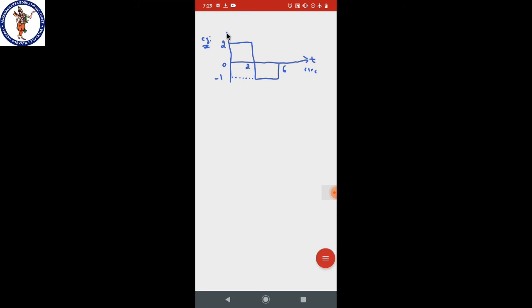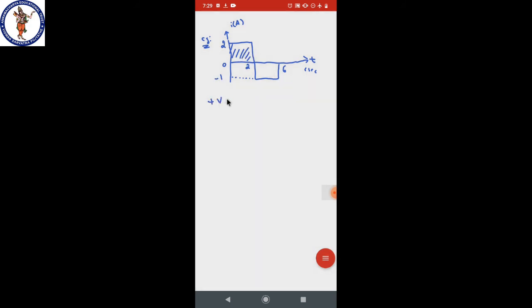The question will be very simple: it will be symmetrical or asymmetrical. Now I will go for it. This is the positive area.